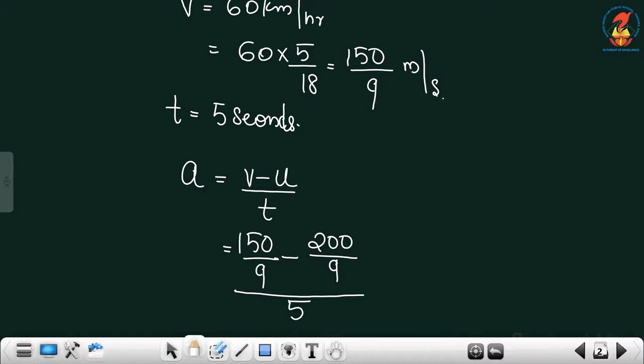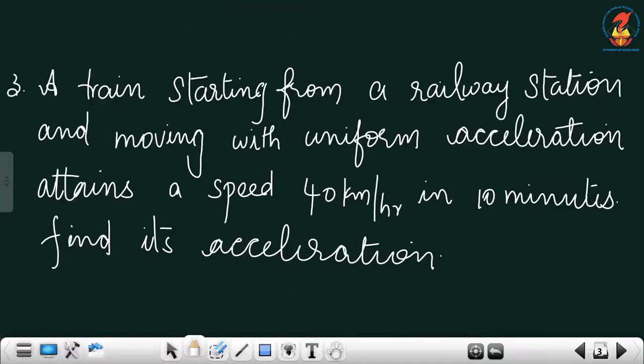So 150 by 9 minus 200 by 9 whole divided by 5. So when you do this calculation, you will get the answer in meter per second square. So next problem.